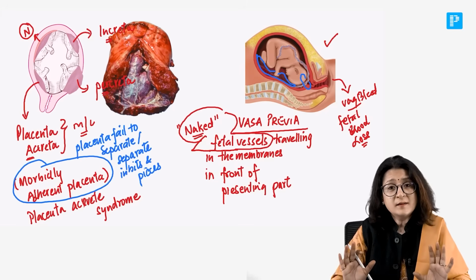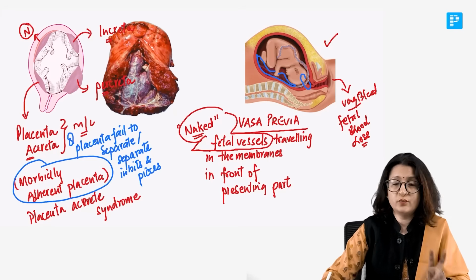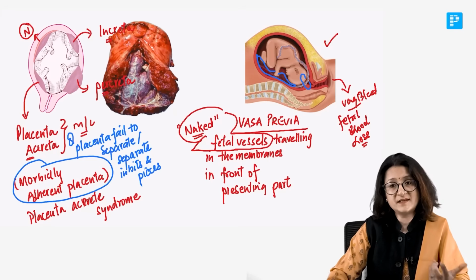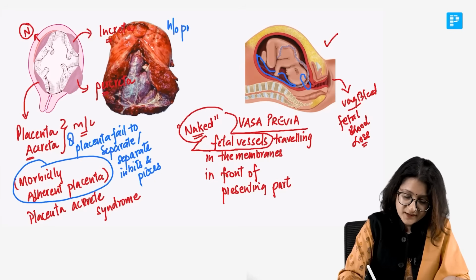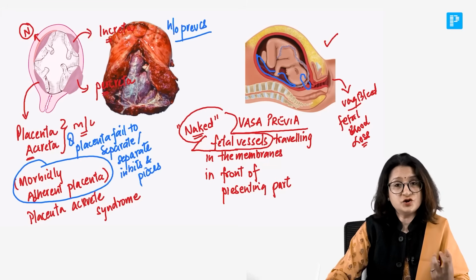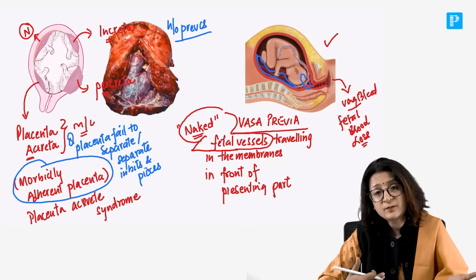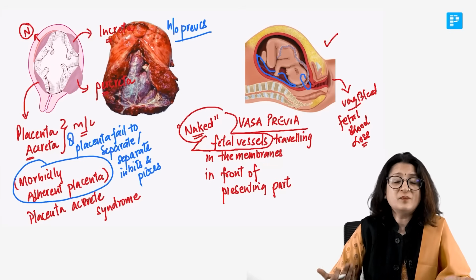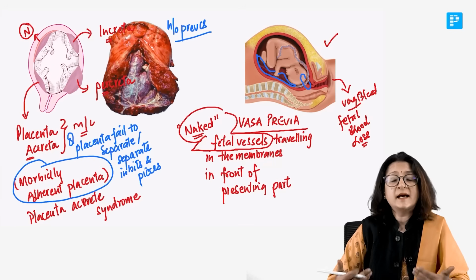So many times they have asked you this point in your exams as question pointers also. For example, they may say that a woman delivered and maybe she has a history of previous cesarean section, which is a very, very important clue. Placenta has not separated. Then during manual removal of placenta, the cleavage plane of placental separation is not found.